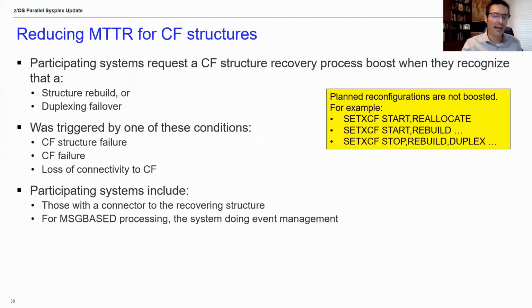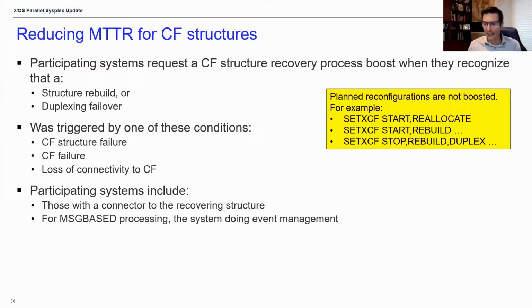When you're triggered by a CF structure failure, a CF failure in general, or a loss of connectivity to the CF, that is eligible for a Sysplex recovery process boost. If you are doing a planned reconfiguration, so if you're issuing a SETXCF START,REALLOCATE, a rebuild, or rebuild duplex, that is not eligible for a boost.